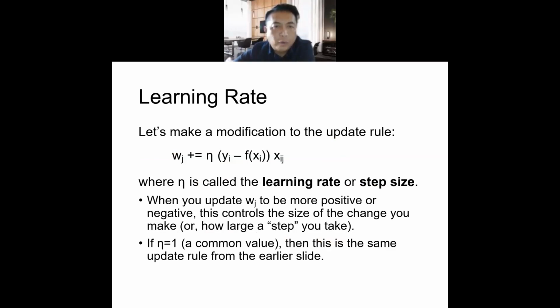Another thing that we have to look into is the learning rate. This is your function just now, and we have added this symbol. This symbol is the learning rate, or step size. It tells you how large you want to add to the weightage. In most cases it is 1, but sometimes you may want to speed up the process of learning.